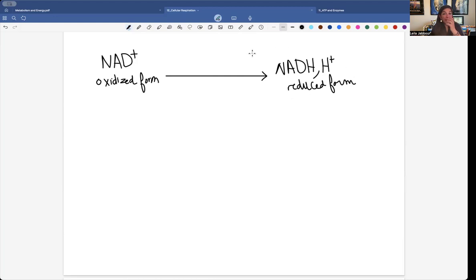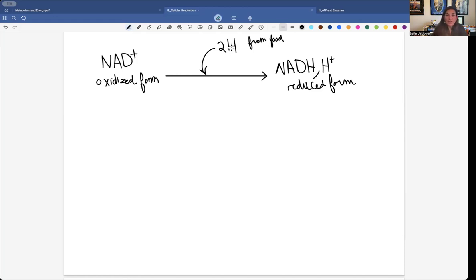Okay, and how does that happen? That happens because we have the arrival of two hydrogen atoms. And this is coming from the food. So when you eat and the food is broken down, atoms are going to be released, and hydrogen is part of that. This is how it's used.